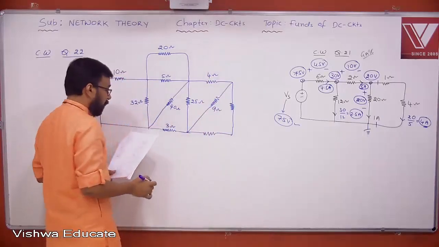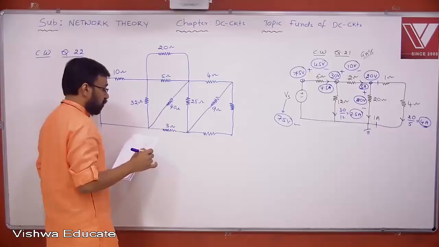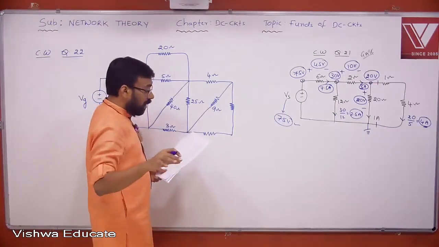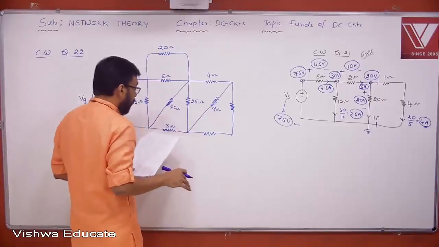Hope you have already finished that part. Then please come back to question number 22, which is already given in your classroom workbook. Question number 22, please note that once again in your notebook, and we'll try to solve it.